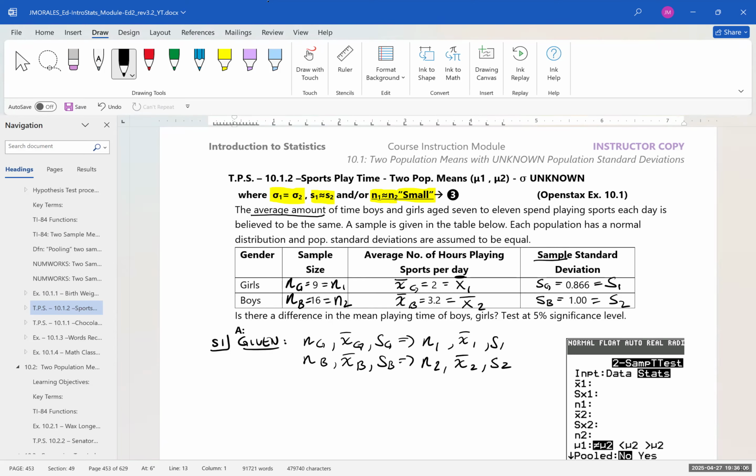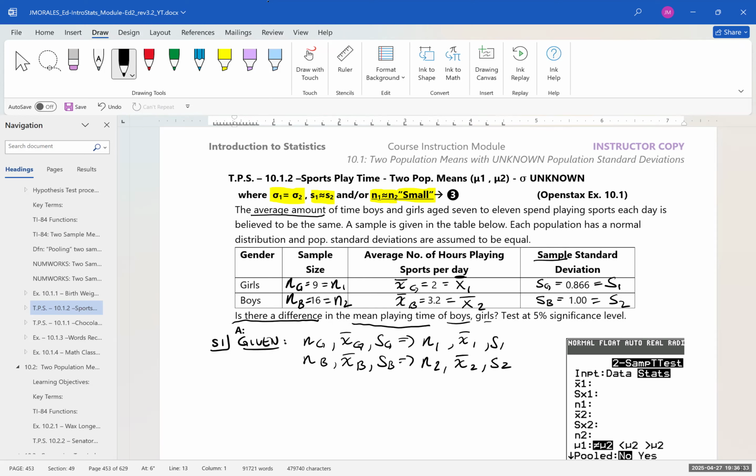Is there a difference in the mean playing time between boys and girls? The hard part is trying to determine what this means.